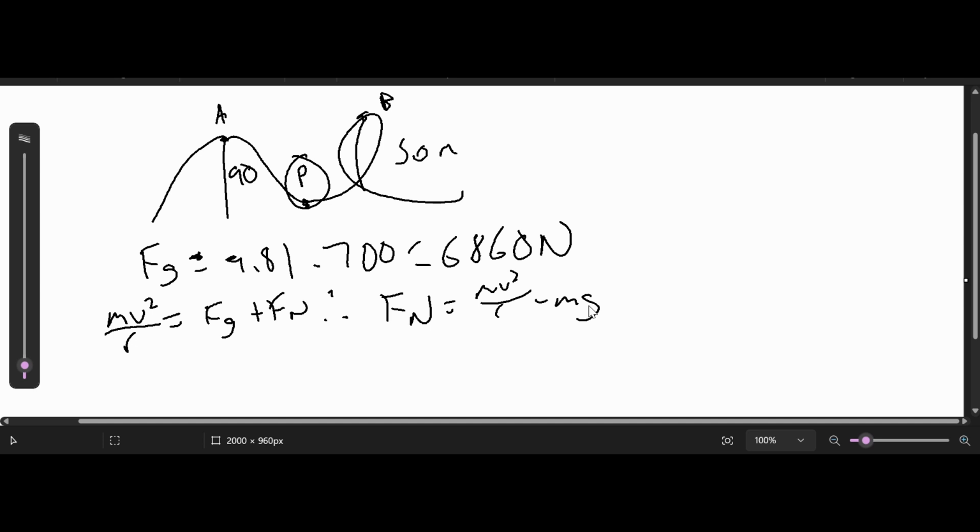Then you just plug in your values and do the math, because you're already given your height, whatever, right? And you get about 20580. Congratulations. And you use your answer from B in order to calculate that. Okay, next question.